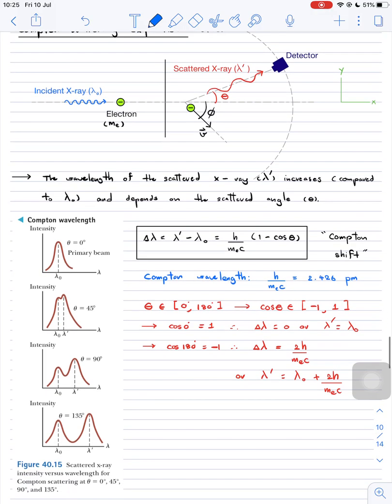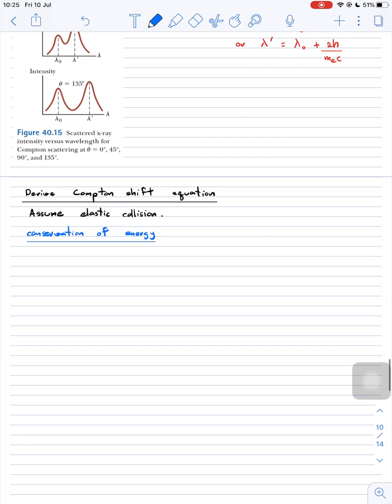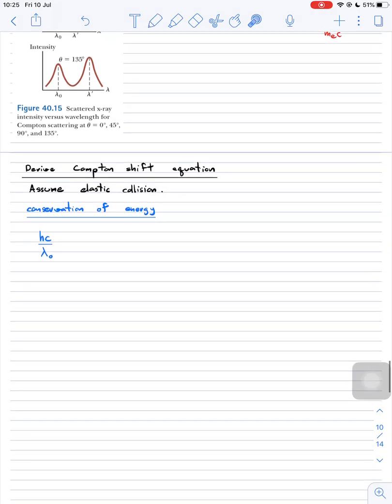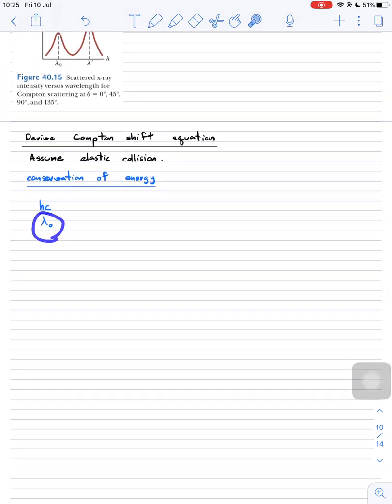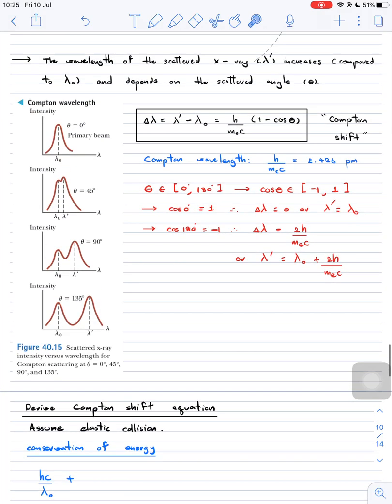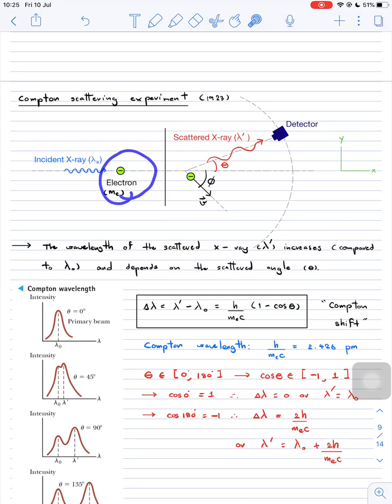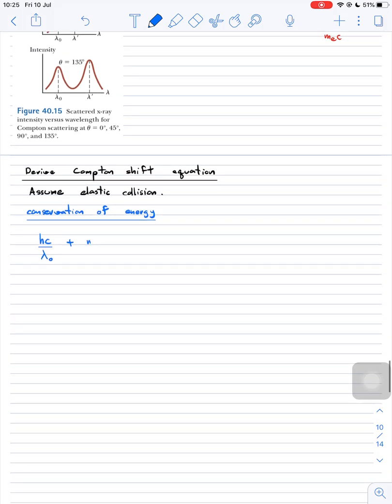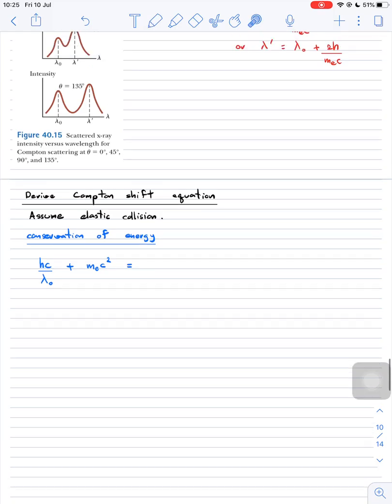Let's start from the energy of the X-ray. It's just equal to hc over lambda naught. Don't forget that the incident X-ray has wavelength lambda naught here, plus the rest mass energy of the electron, m_e times c squared.